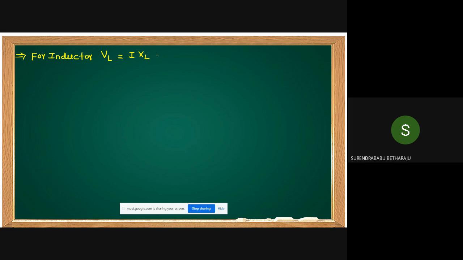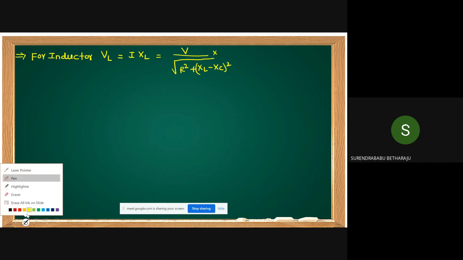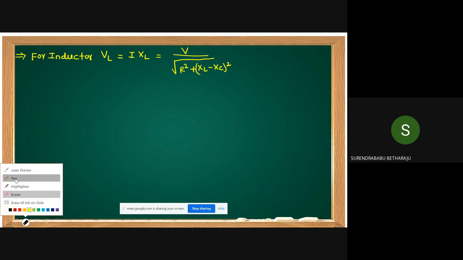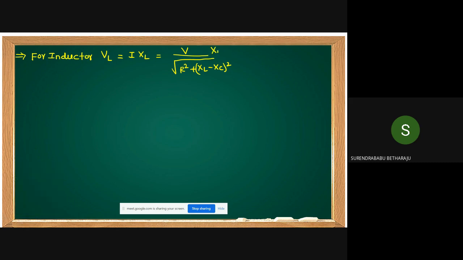What is I? That you know: V by square root of R square plus (XL minus XC) whole square, into XL. Now tell this, friends.